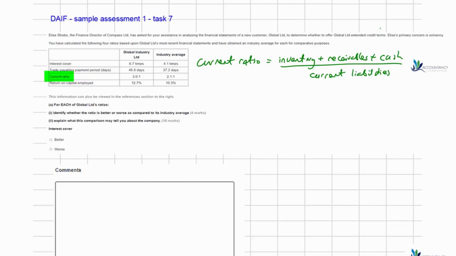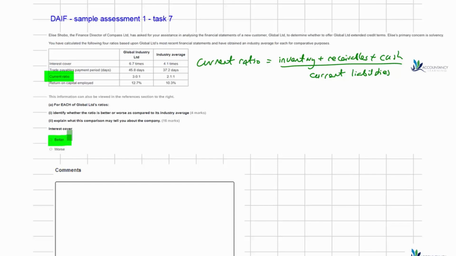So we can see that Global Industry Limited has a current ratio of 3 to 1, whereas the industry average is 2.1 to 1. So is this better or worse? Again, this really depends on your point of view, but in the AAT sample assessment, it says that this is better.